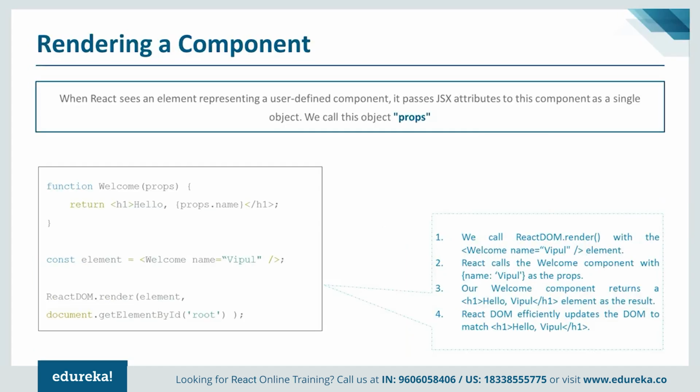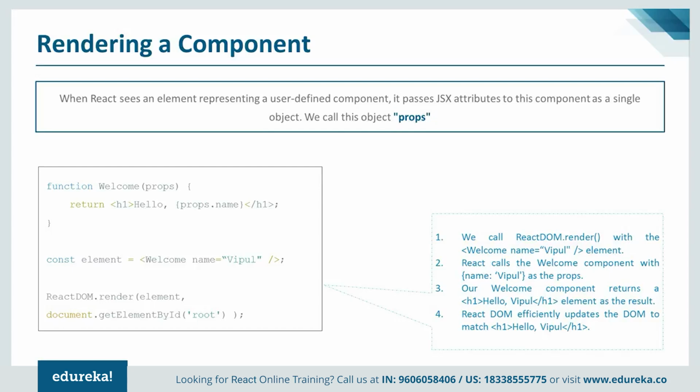Now how do we render a component? When React sees an element representing a user-defined component, it passes the JSX attributes to this component in terms of props. First of all, when we talk about the component, we call the ReactDOM.render method with welcome name equal to, here you can see, Vipul. The name of the function is welcome.